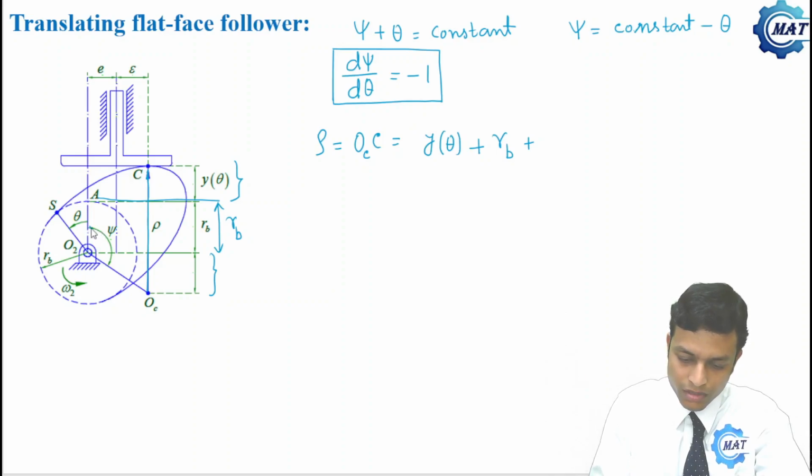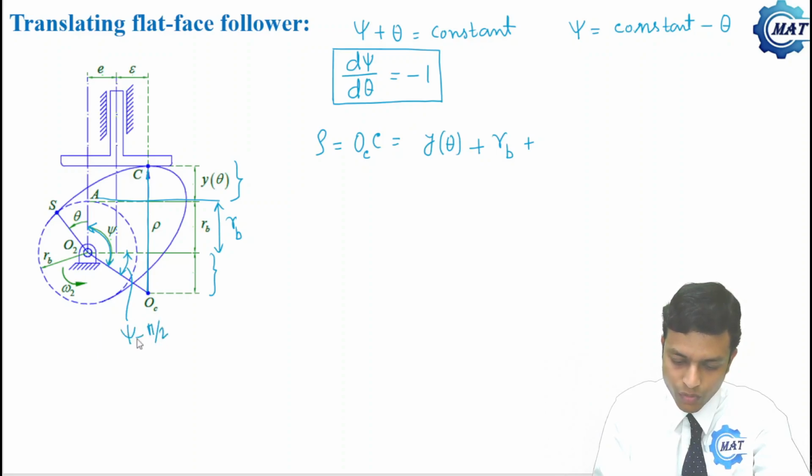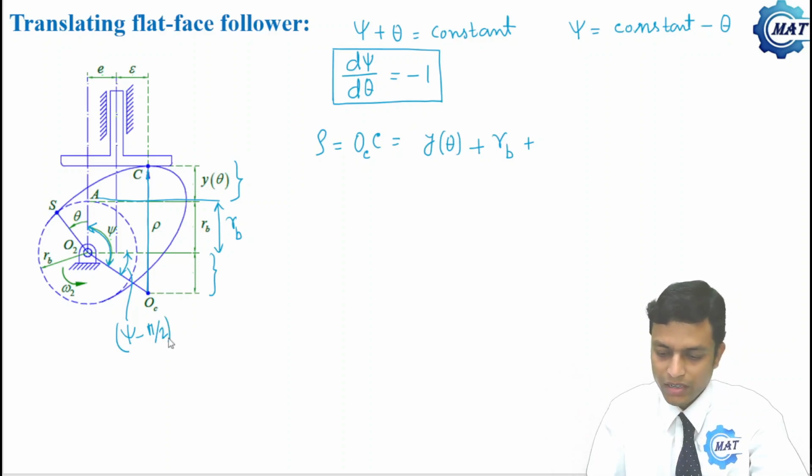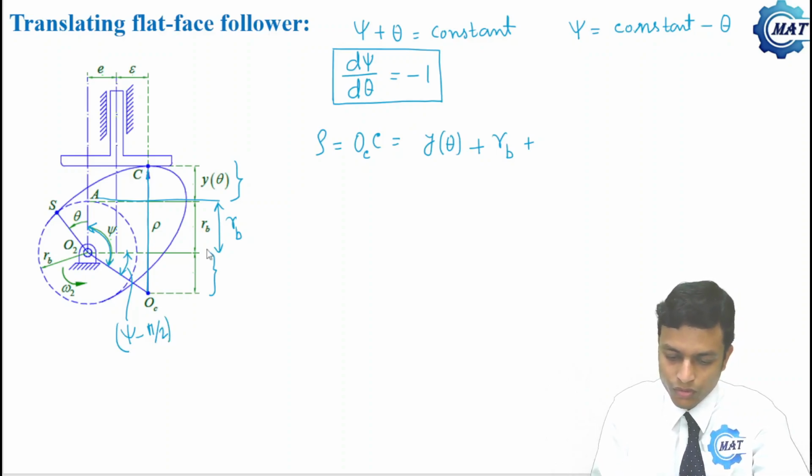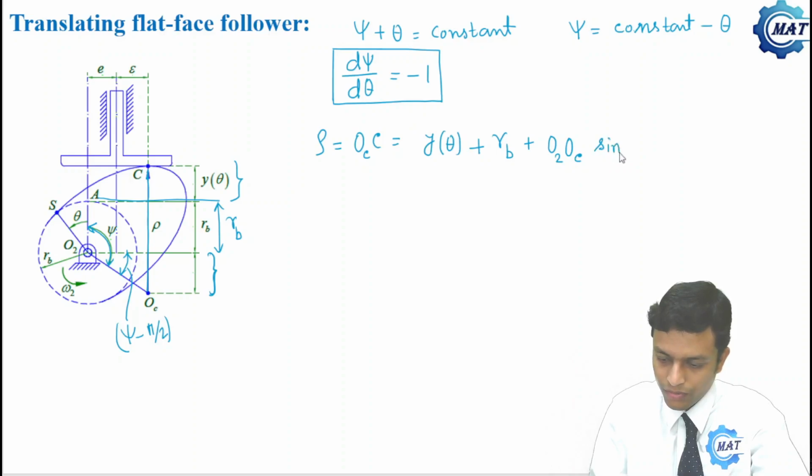Now this total angle is psi, so this remaining angle will be psi minus pi by 2. So this vertical distance will be O2 OC times sine of psi minus pi by 2.